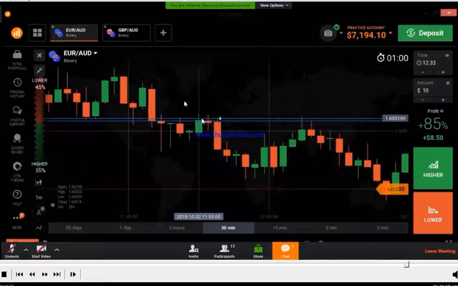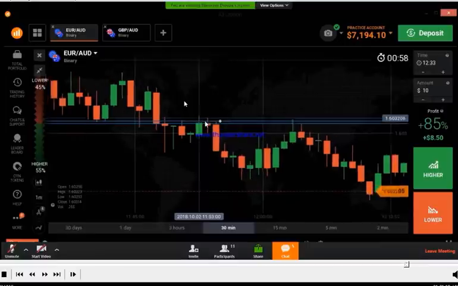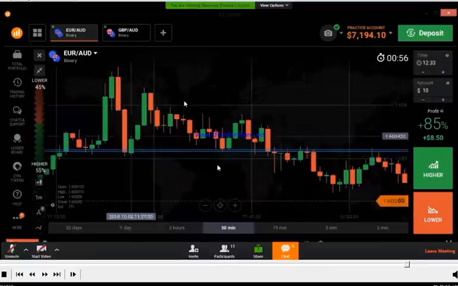If you find the spinning top at the strong level, it will reverse the market.